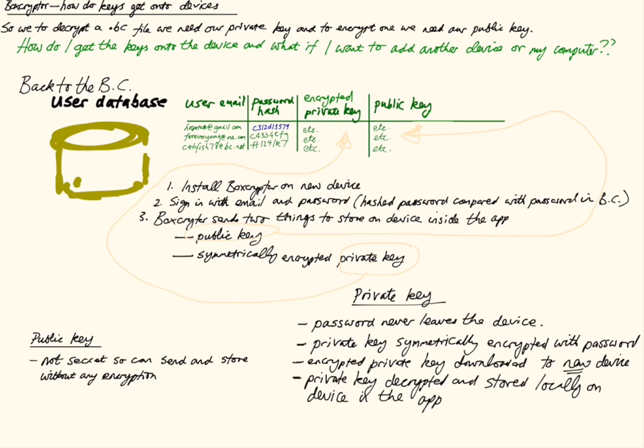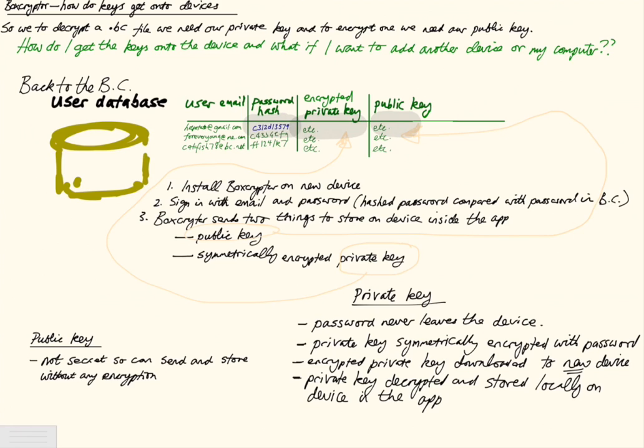So when I create a new account, or let's say a new instance of Boxcryptor on another device, how do we get the keys actually onto the devices? Because we know what's stored in the actual Boxcryptor database, right? We have the public key, we have the encrypted private key, and we have the password hash.